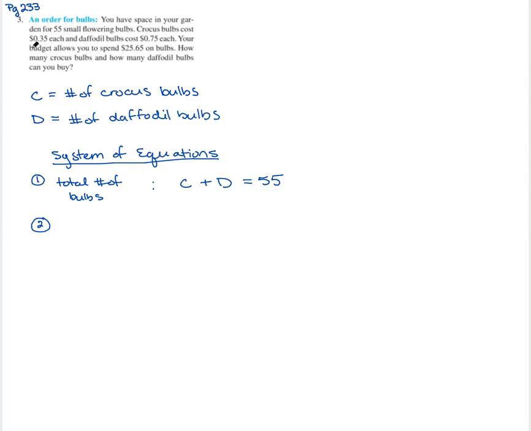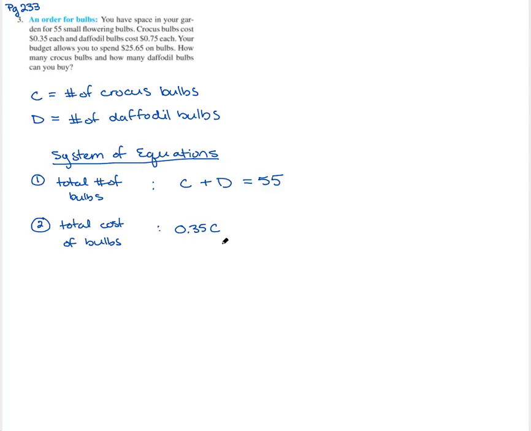The other thing that we have to take into consideration is the fact that the crocus bulbs cost us 35 cents each, and the daffodils cost us 75 cents each, and we have a budget of $25.65. So that's where our second equation is going to come from. It's going to come from the total cost of purchasing those bulbs. I know that a crocus bulb costs me 35 cents each. So if I purchase one crocus bulb, that's 35 cents.